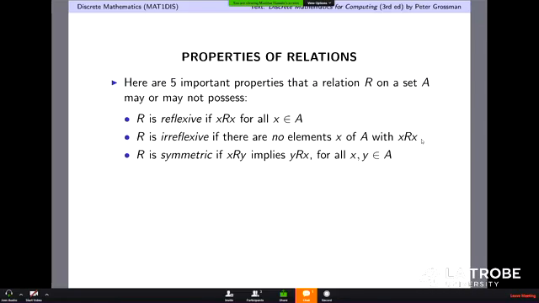Symmetric. If x is related to y, that implies y is related to x. Okay. Can you give me some kind of a relation here that would imply this for any x, y that you pick?